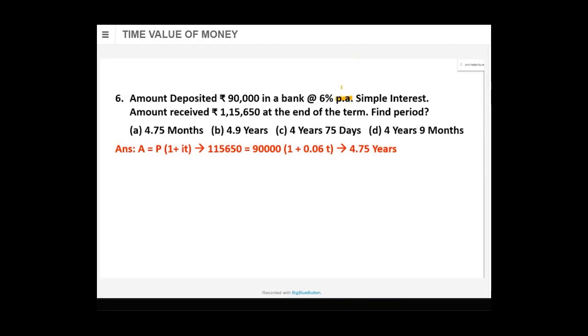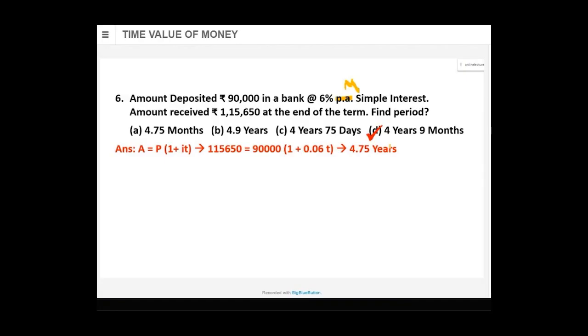Suppose here this is per month. If it is per month instead of per annum, then I'll get 4.75 months. If the period is in years, the answer is also in years, 4.75 years. So 4 years and 9 months. 0.75 is not 75 days, not 0.75 months.